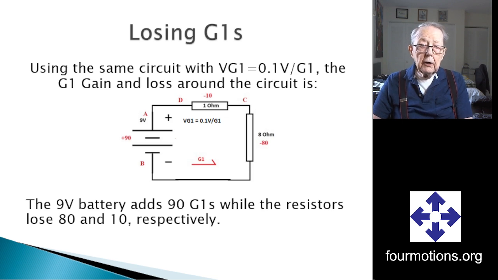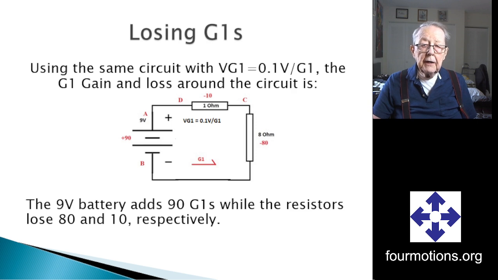Okay, so we're going to use the same circuit here as shown before, and I'm going to identify a new term called VG1, which assigns 0.1 volt to each G1.